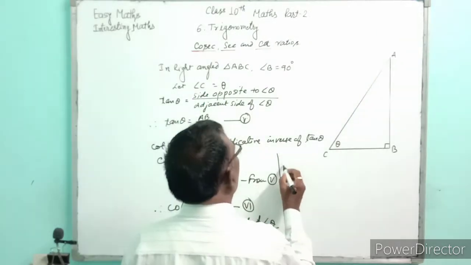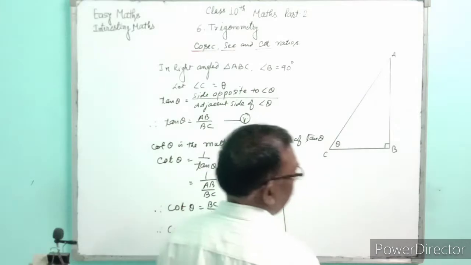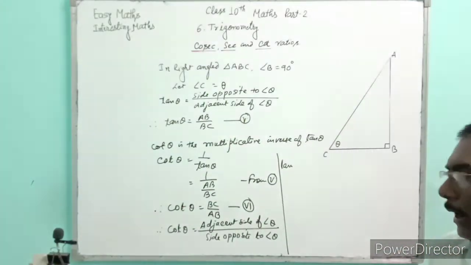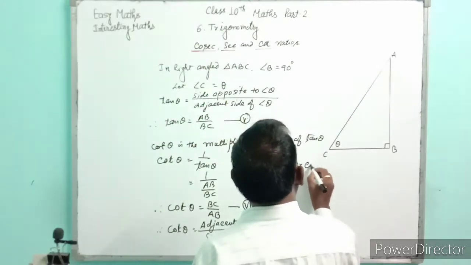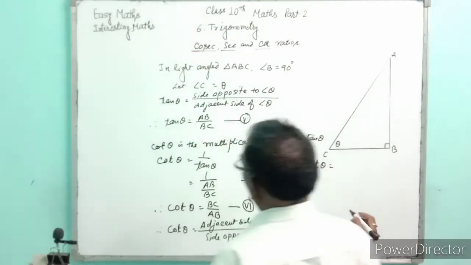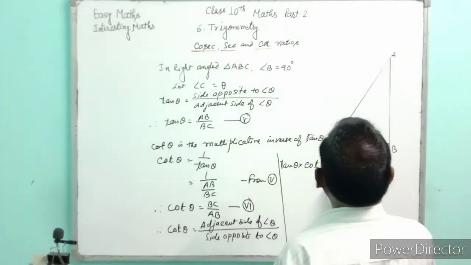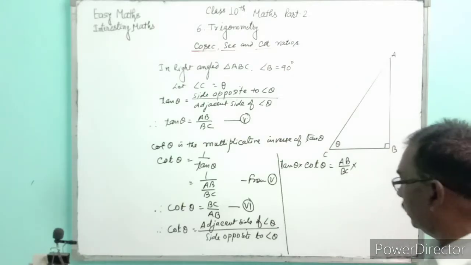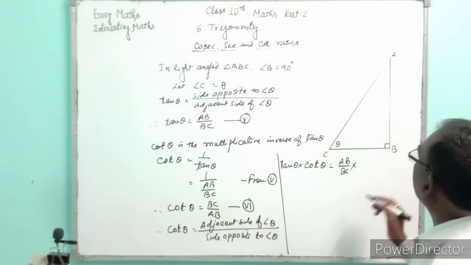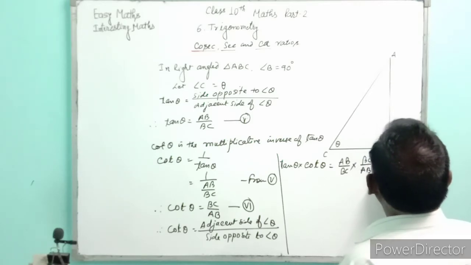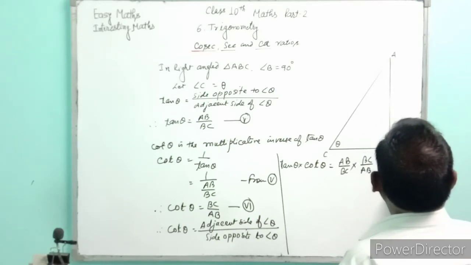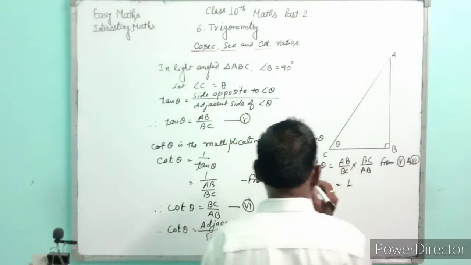Now, we see the product of tan theta and cot theta. Tan theta into cot theta is equal to AB by BC, into cot theta, which is BC by AB, from 5 and 6, is equal to 1.